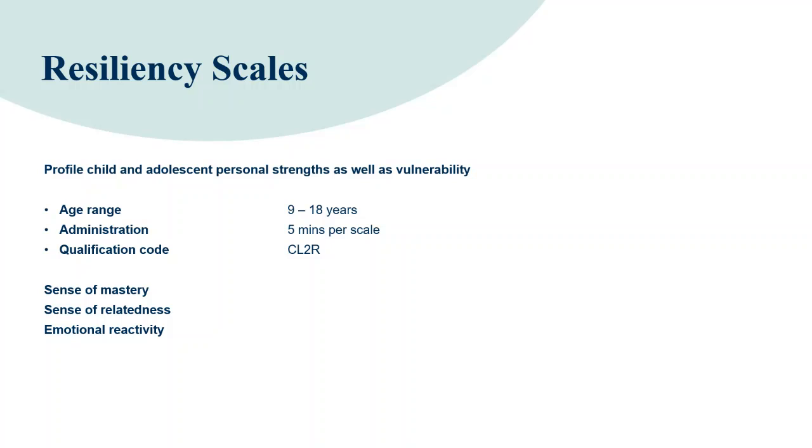The next is sense of relatedness. So this includes trust, support, comfort and tolerance. This has 24 items, again a self-report questionnaire. Trust looks at when others are perceived as reliable and accepting, and the degree to which an individual can be authentic in their relationships.